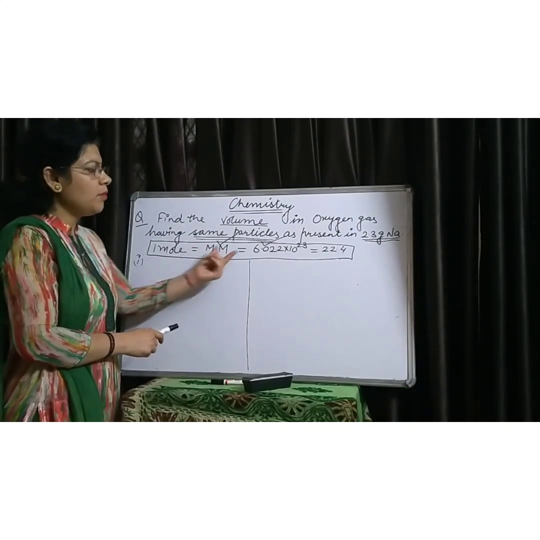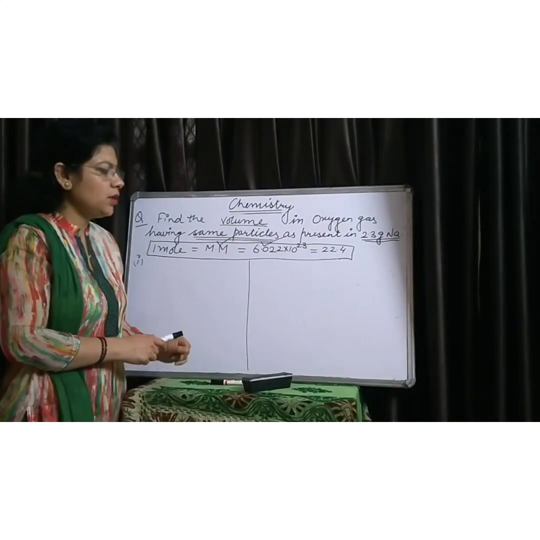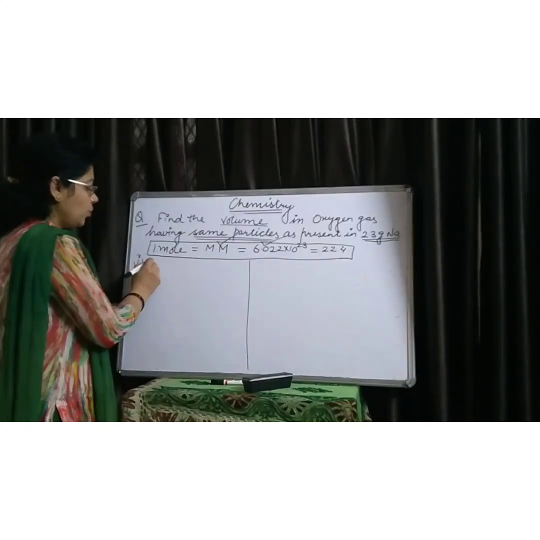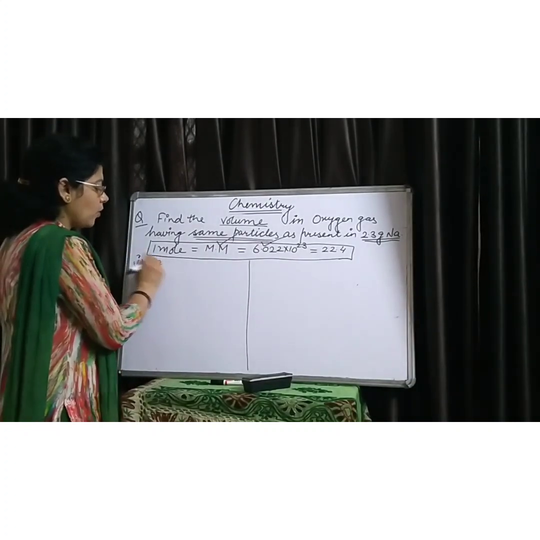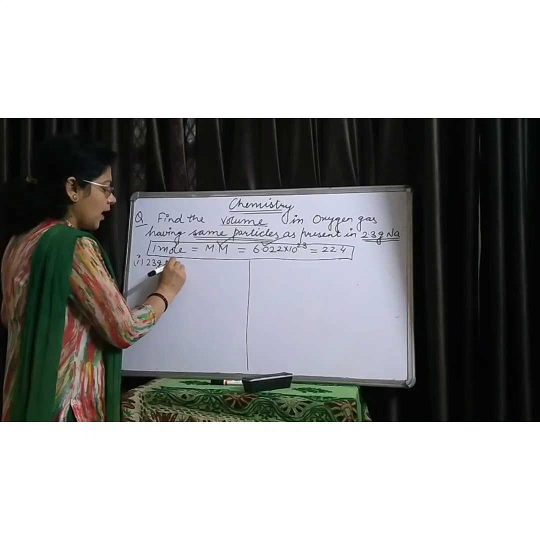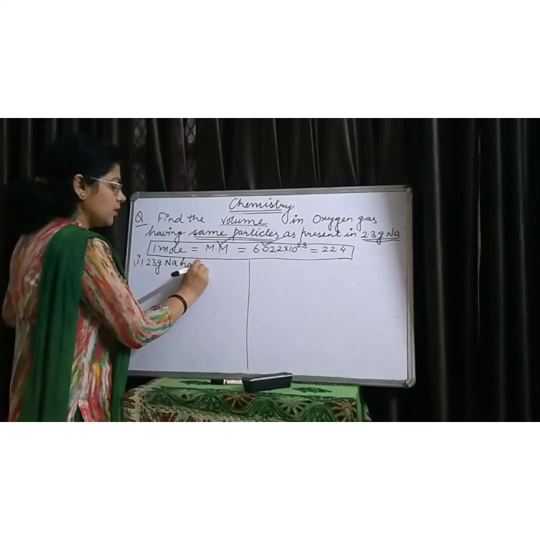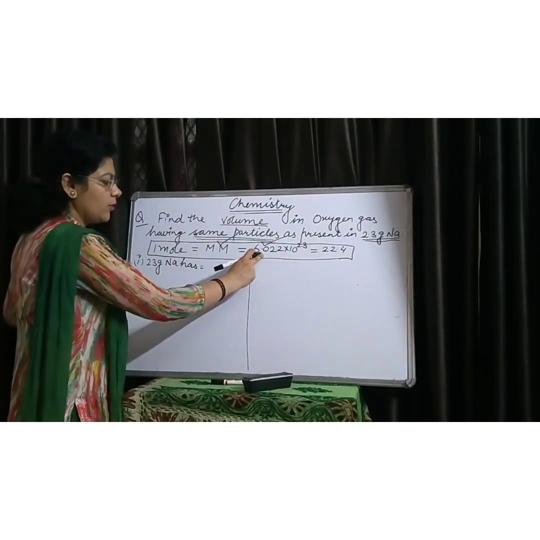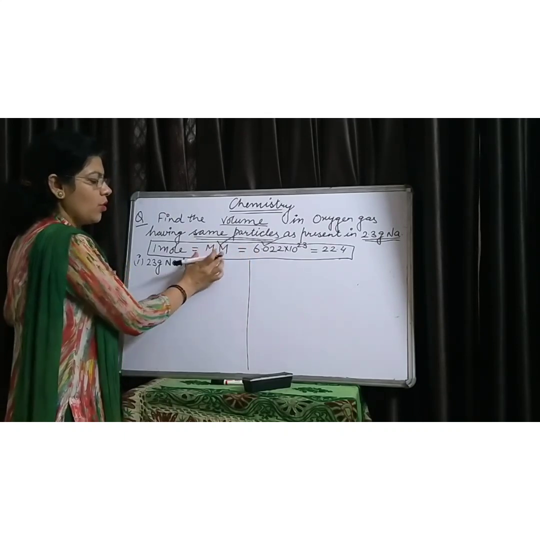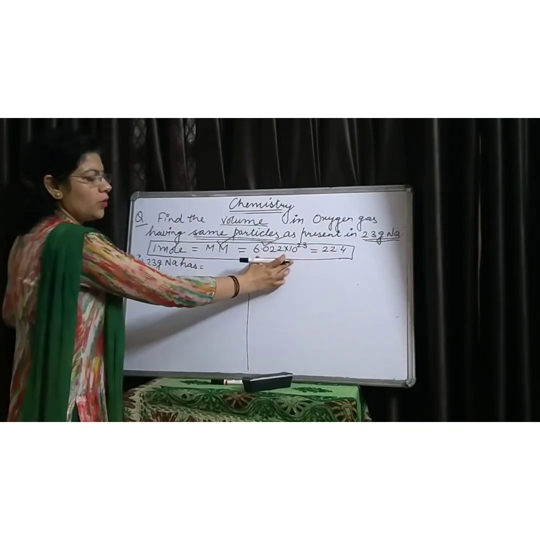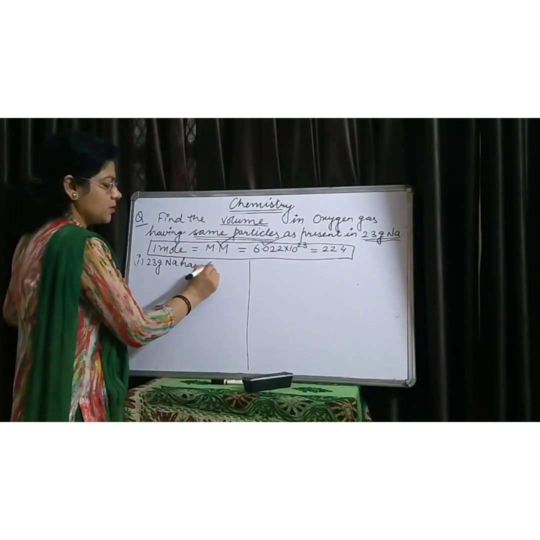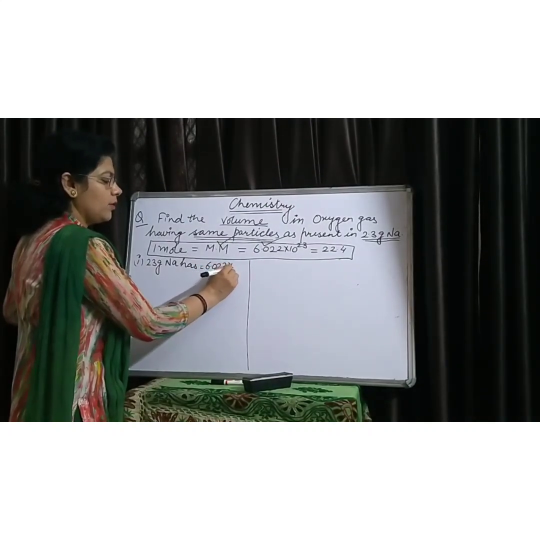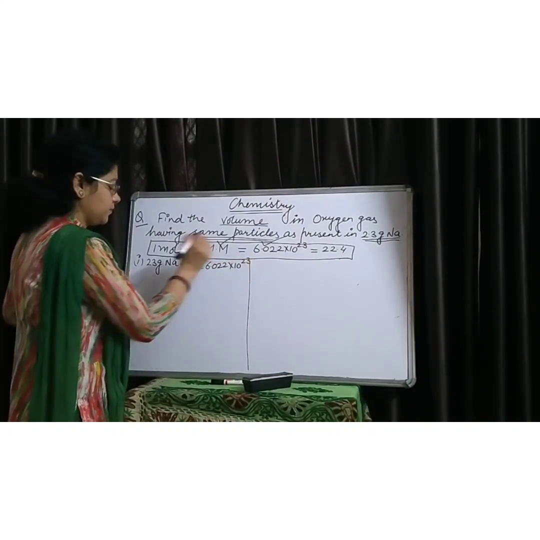As the molar mass of sodium is 23, it means 23 gram of sodium has particles equal to the Avogadro number, 6.022 × 10^23.